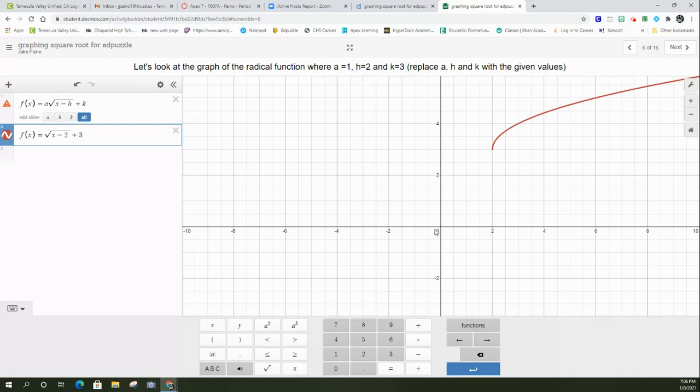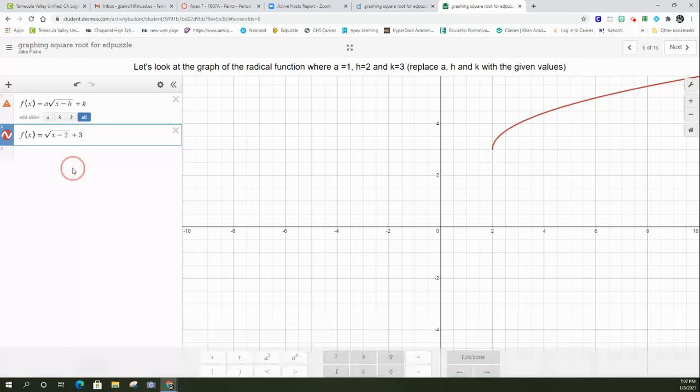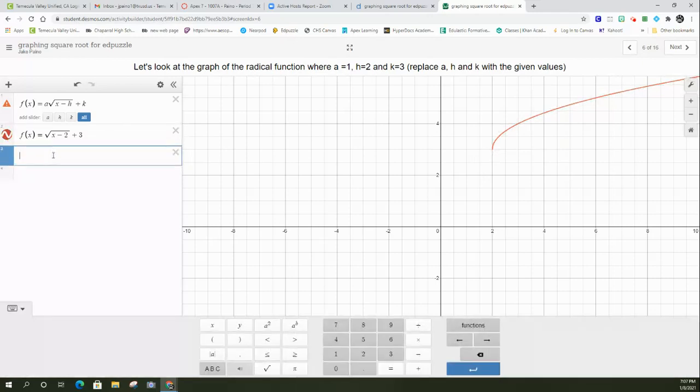We've shifted the graph 2 spots to the right, and 3 spots up. What do I mean by that? Let me just put that parent function back up there. y equals the square root of x. Okay, so in blue is the parent function. All right, so what am I doing from that critical point? 2 right, 3 up. All right, they're going to match my h and k. That critical point is going to be my h and k.